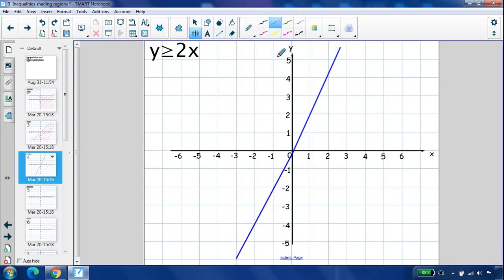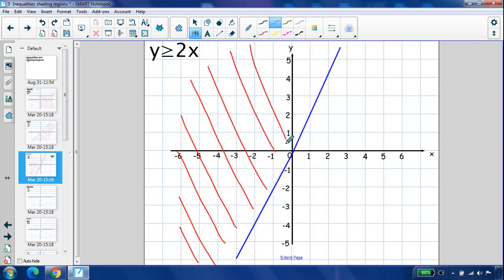Again, I'm not labeling it this time, but I've got to find which side is the region. So I'm going to choose this point again. So x is equal to -1, so I'm going to have -2, and y is equal to 1. So 1 is greater than or equal to -2, which is correct. So I've got the right side. I'm going to now just shade in the region, like so.